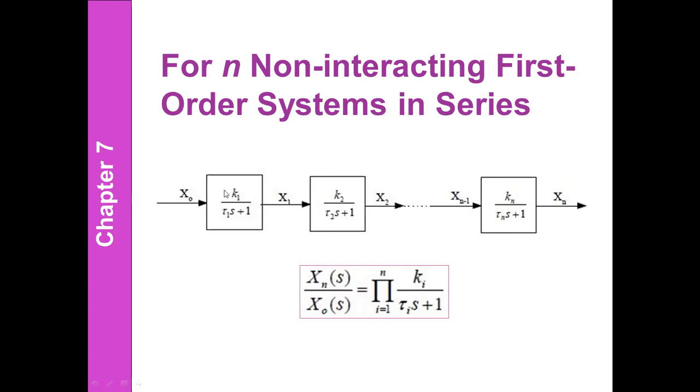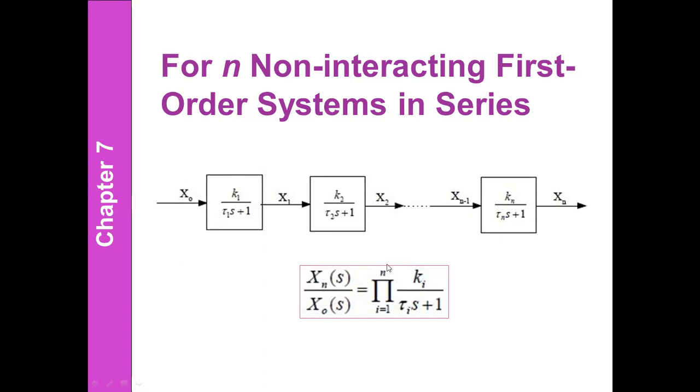If you multiply the transfer function of tank 1 by tank 2, you actually get the overall transfer function of the two tanks. If you multiply the transfer functions of tank 1 up to tank n, you actually get the overall transfer function of the n tanks in series arranged in non-interacting fashion.